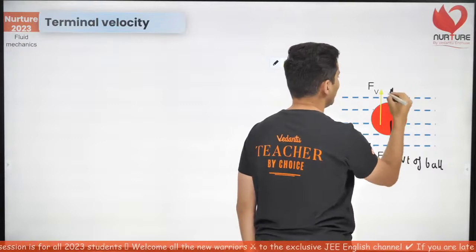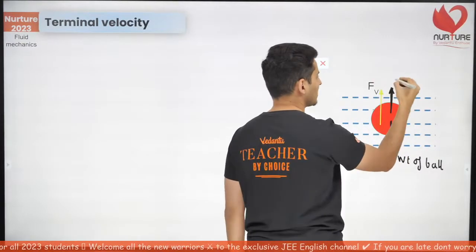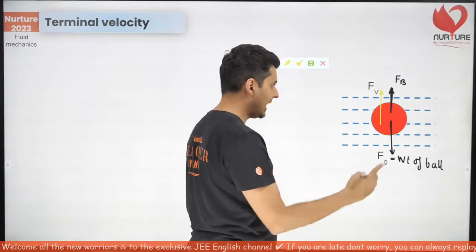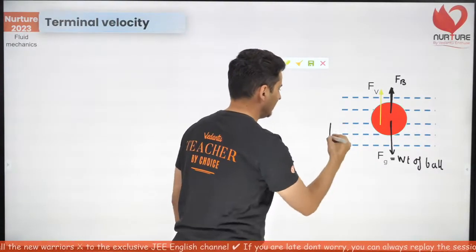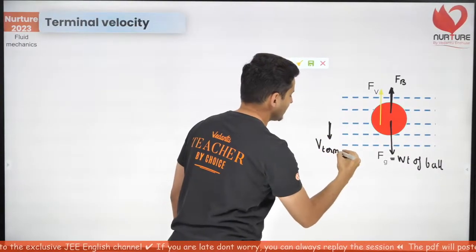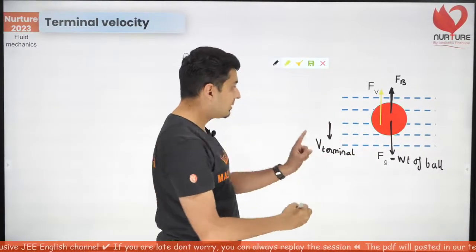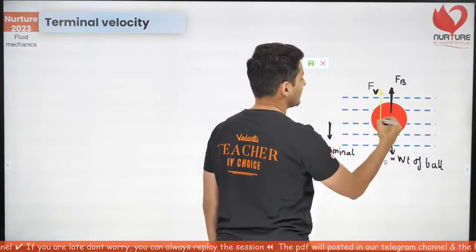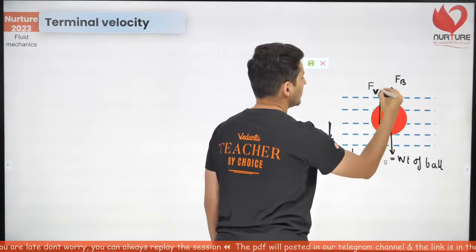So you will have the buoyant force, the upthrust force, so FB of the fluid, and because the velocity is down, this is the terminal velocity which is down, the drag force will be up, so the viscous force, you can see that this is the viscous force, will be also upwards.